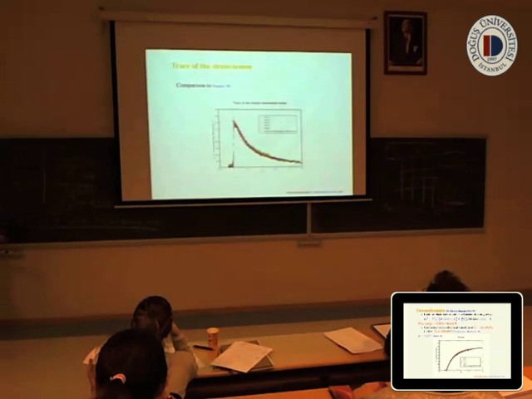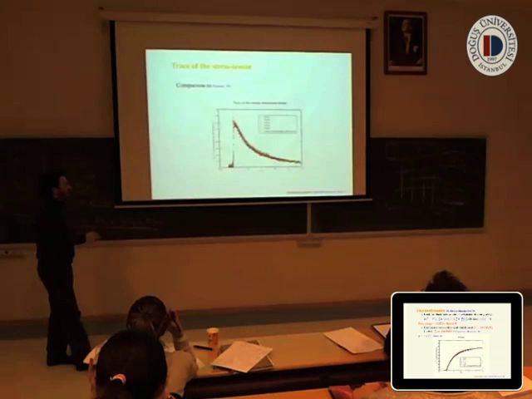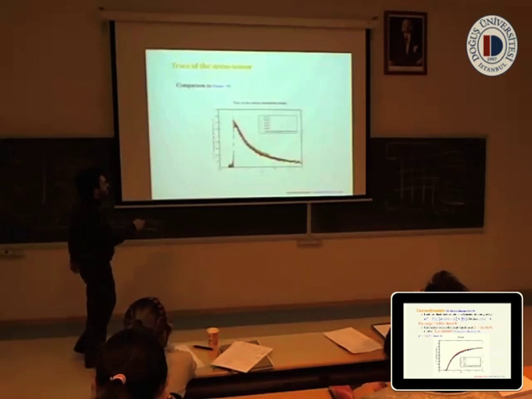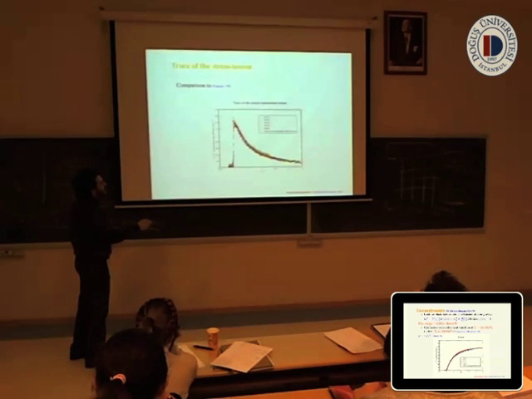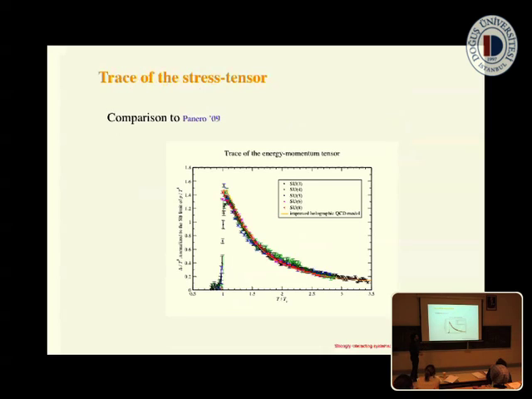So, well, you can do other things. Once you have the free energy, you can calculate, for example, the energy momentum tensor. And then from that, you can calculate the trace of the energy momentum tensor that describes how far you are from conformality. At high temperatures, the system becomes a free gas of gluons. In that case, you have a conformal theory where this object goes to zero, and around the phase transition, it becomes very large.